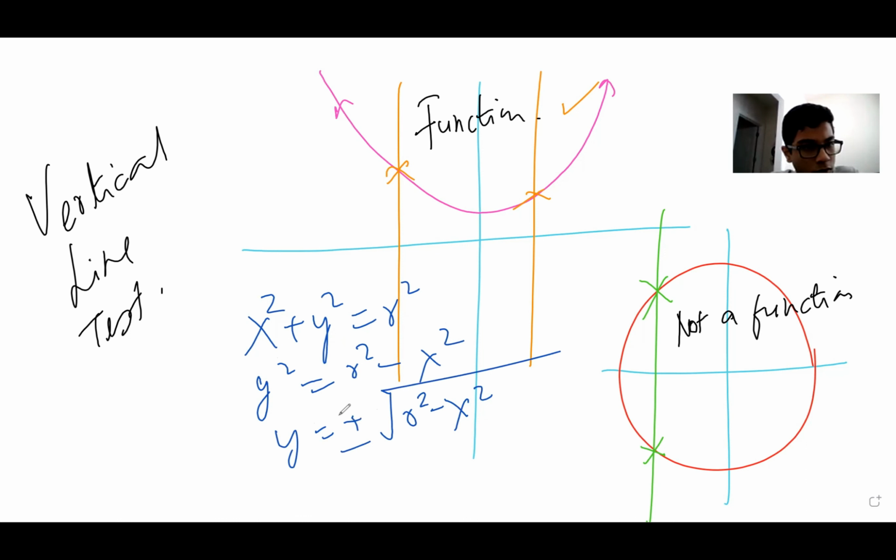And whenever you do square root, you do plus and minus. So that means for the given input x, we could have plus and minus, meaning two outputs, correct? So for one input x, we could have output which could be these two values. And therefore, it is not a function, correct?